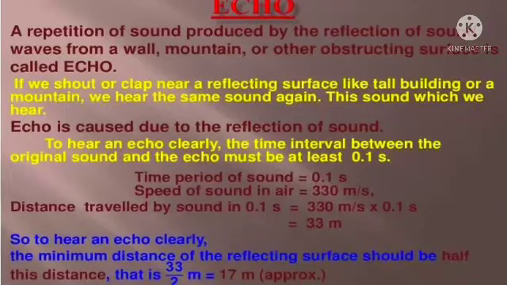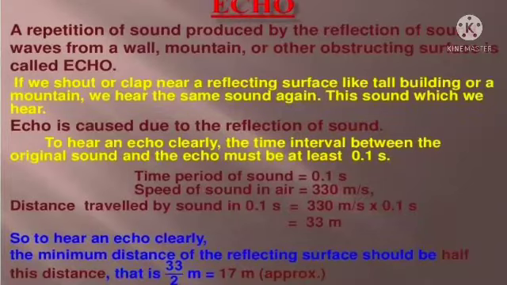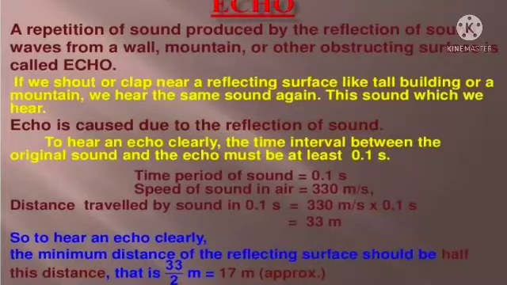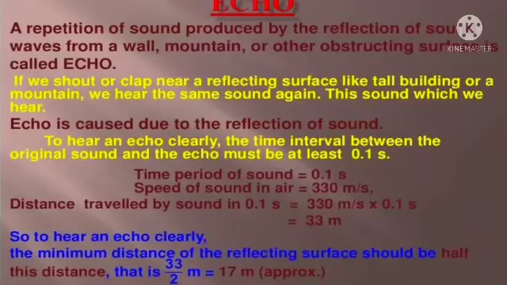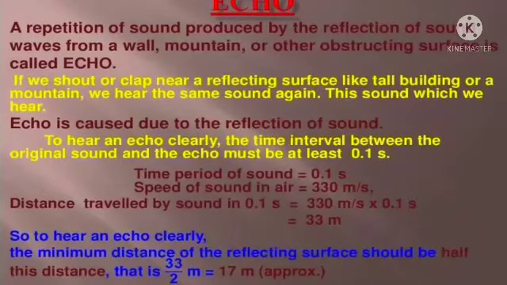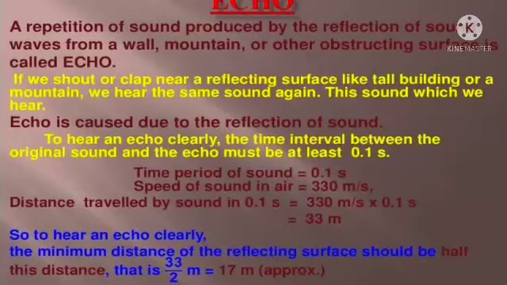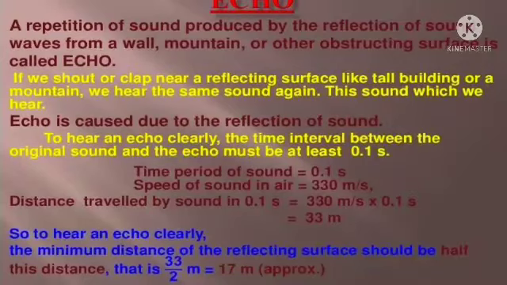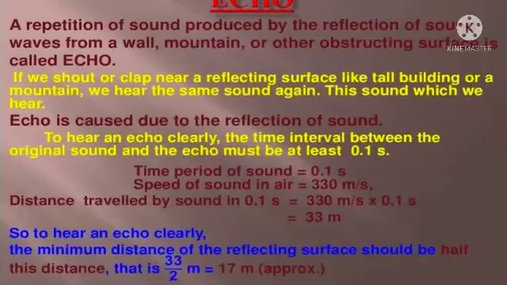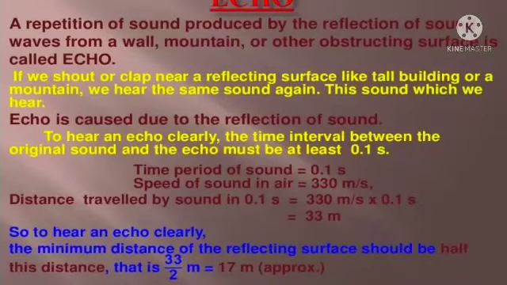Distance traveled by sound in 0.1 second is equal to 330 meter per second multiplied by 0.1 second, which is equal to 33 meters. So to hear an echo clearly, the minimum distance of the reflecting surface should be half this distance, that is 33 by 2 meter, which is equal to 17 meter approximately.